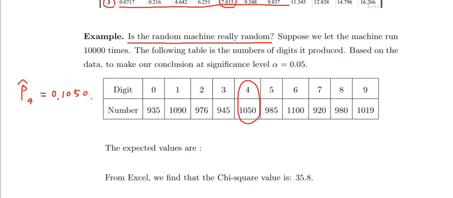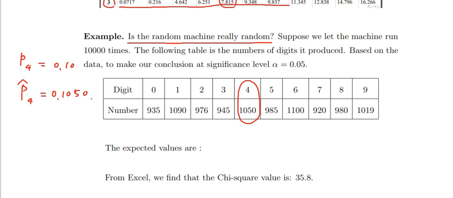And supposedly this percentage should be 10. We have 10 digits, so if the machine is random, then each digit should have a 10% chance to appear.